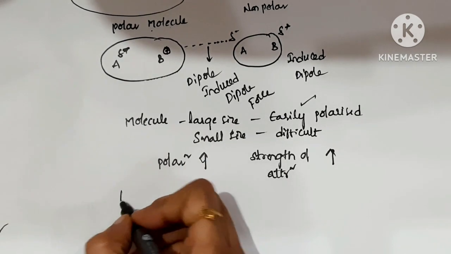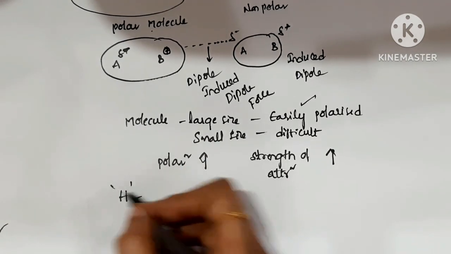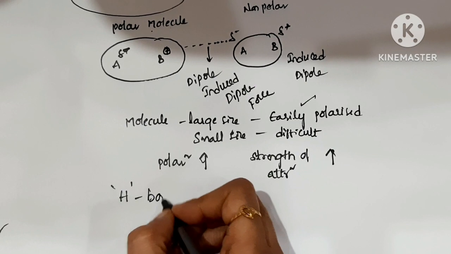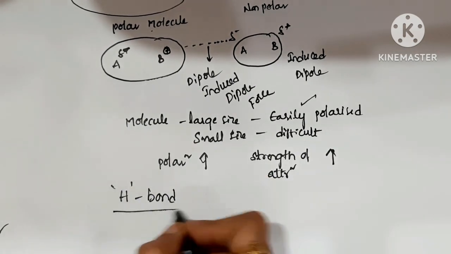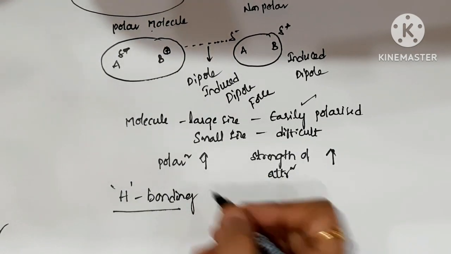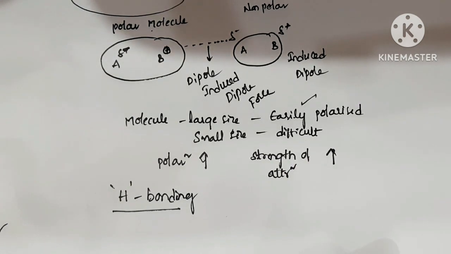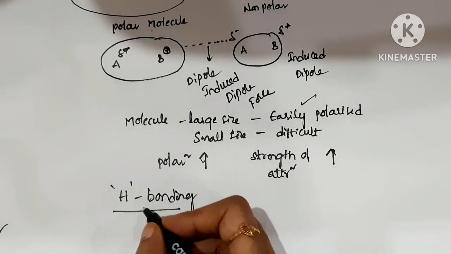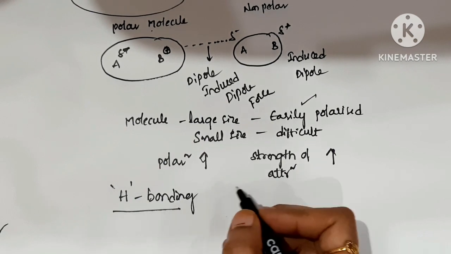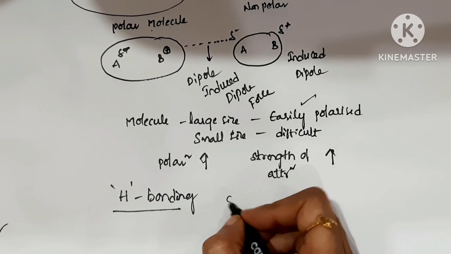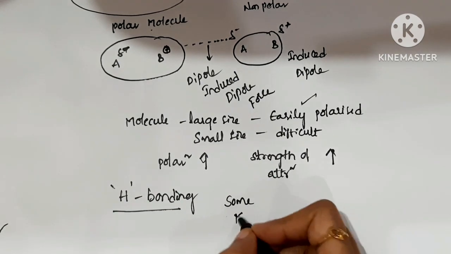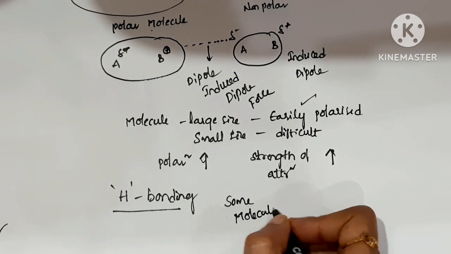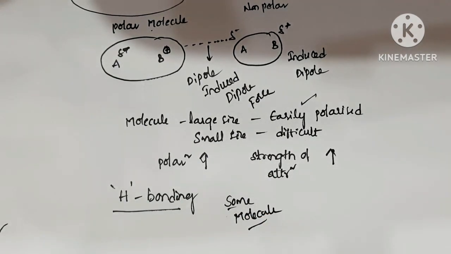So hydrogen bonding. In my last video I have already told about hydrogen bonding, right? You can check it once. Generally I am saying here simply, hydrogen bonding appears only in some molecules. So what is hydrogen bonding?